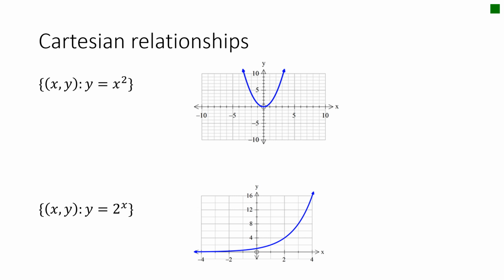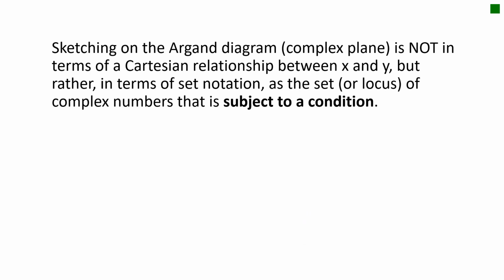Now, the natural question is, can curves be described on the complex plane? And the answer is yes. However, not in the same relationship that you're familiar with in the Cartesian setting, but in quite a different kind of setting indeed.